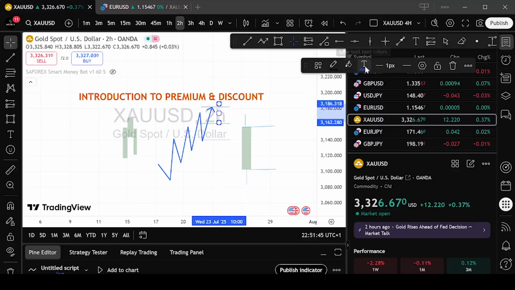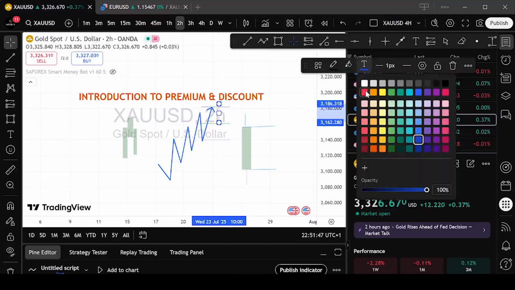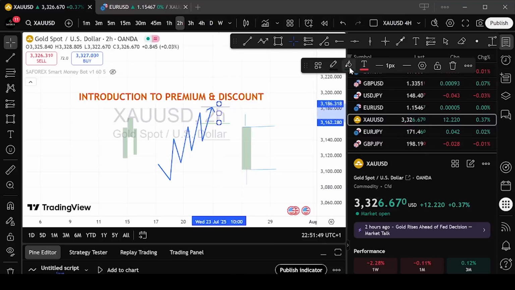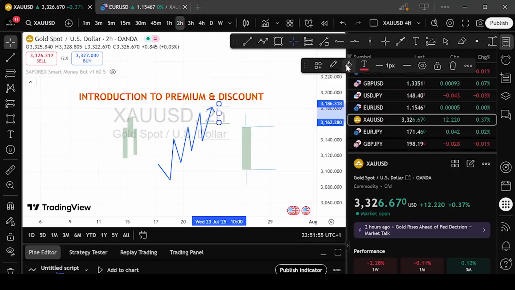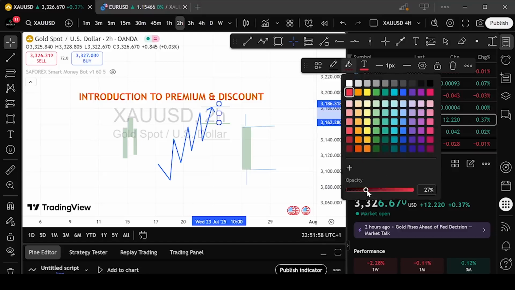Let me change the color and make it thicker so you can see what we are doing.